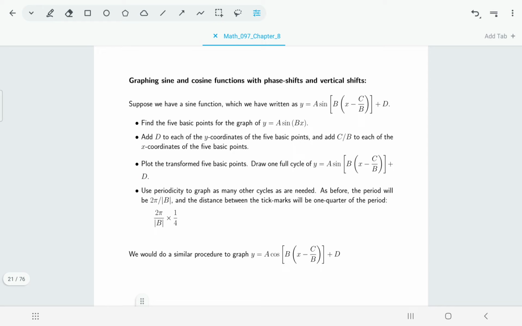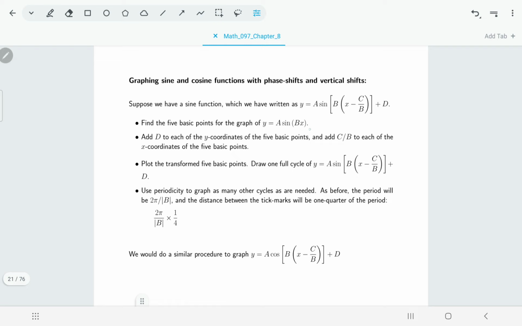Okay, now as far as the graphing side goes, it's not too hard for us to do because basically we're just going to do what we did before and one further step after that. So if you had yourself a transformed sine function like this, we know that when we're doing graphing by transformations, shifts have to come after the stretches. So we first basically ignore the shifts and just deal with the stretches.